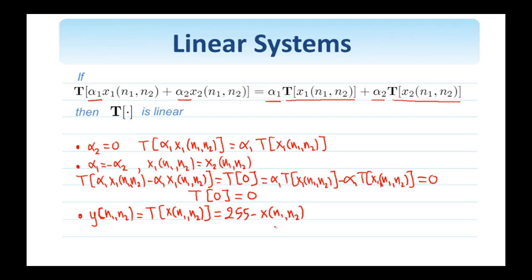Such a system takes an 8-bit image and inverts it, finds the negative of it. So clearly, if I put a 0 at the input of the system, the output equals 255, which is different than 0, and therefore this system that finds the negative of an image is nonlinear.